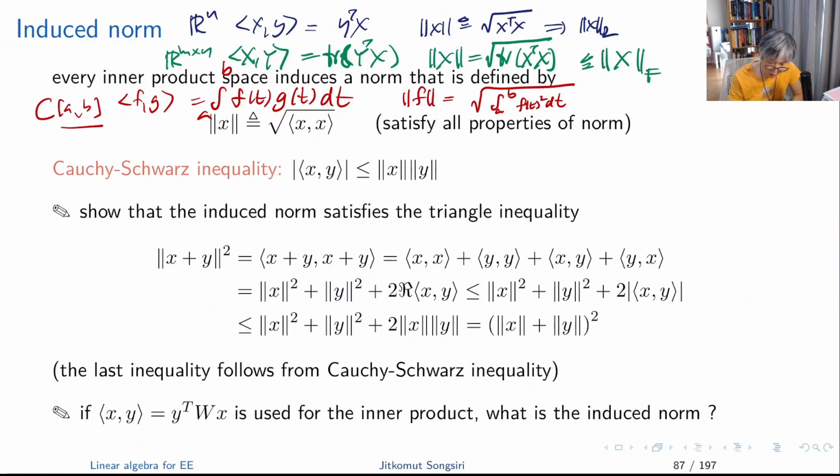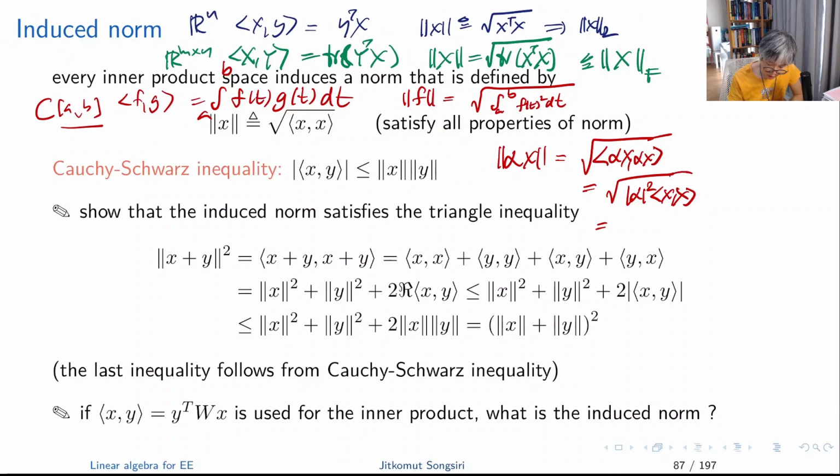The first property is pretty obvious. The first property, that is the homogeneous property, is quite obvious, because by the definition it's going to be the square root of the inner product between alpha x and alpha x, and you know that you can take the constant alpha out, and that's going to be the absolute value of alpha times the root of the inner product of x and x, and that is the absolute value of alpha times the norm of x.